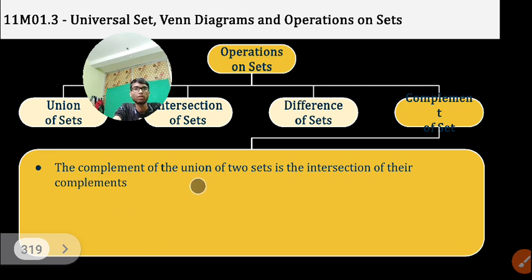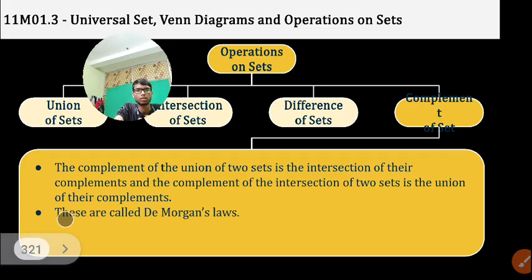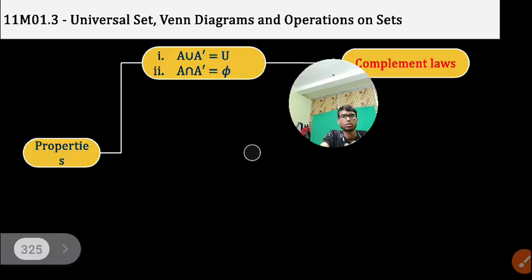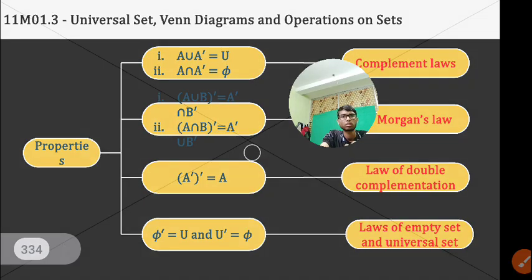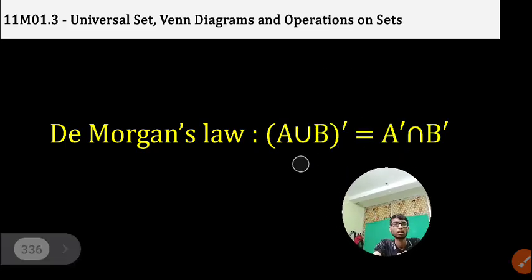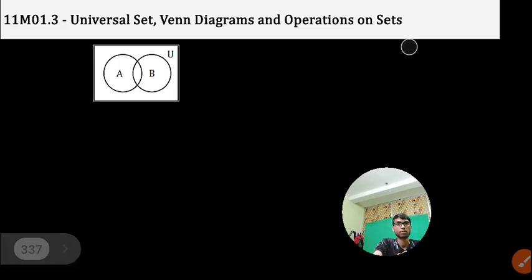The complement of the union of two sets is the intersection of their complements. De Morgan's law. Complement of the union is equal to complement of A intersection complement of B. This is very hard.